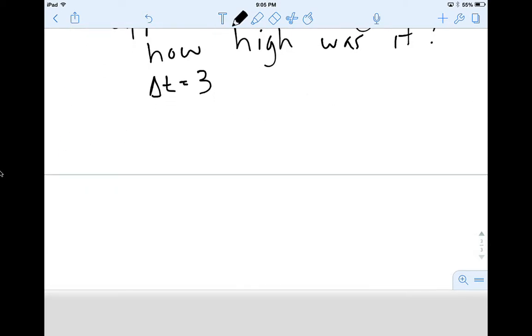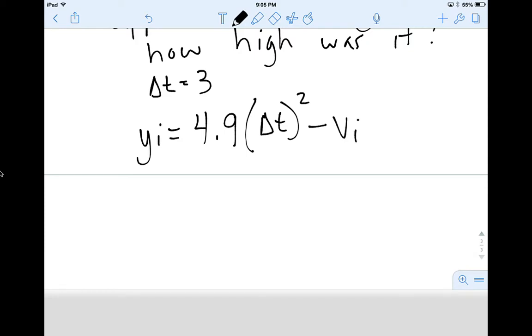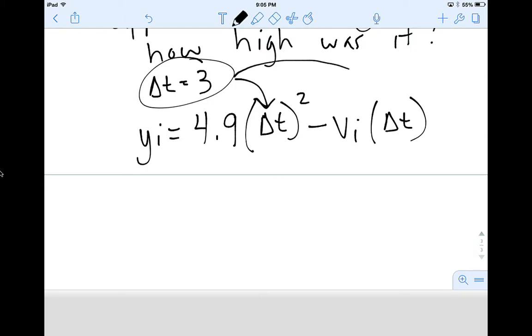So I've got yi equals, we said, 4.9 times delta t squared minus vi delta t. I'm just going to take this delta t and plug it in here and plug it in here.